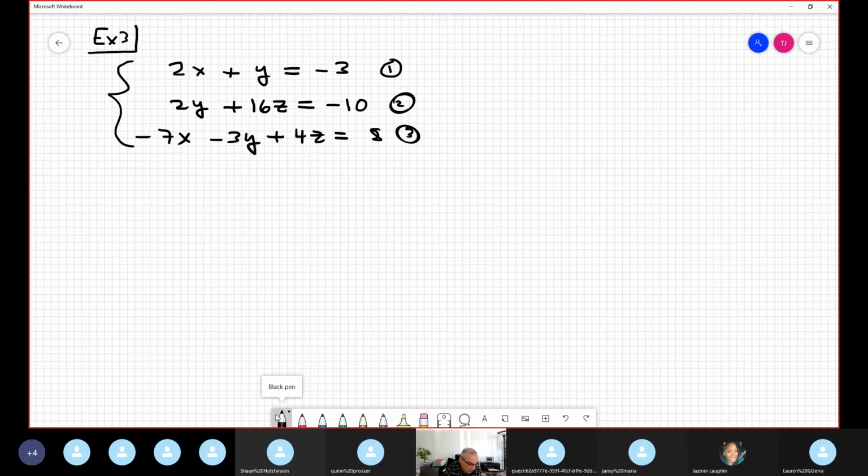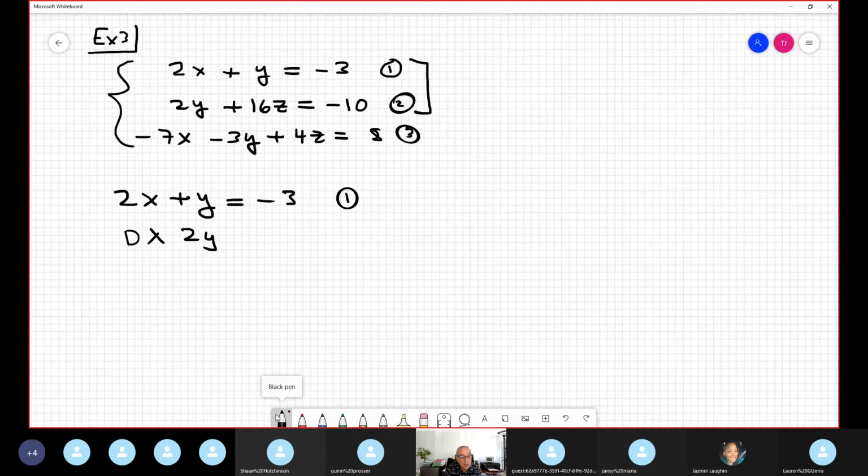For example, I pair equation 1 and equation 2. I copy 2x plus y equals minus 3. This is my equation 1. And you copy here 2y, I put it down, x is missing. Some people prefer to put the 0x, but I don't like this.